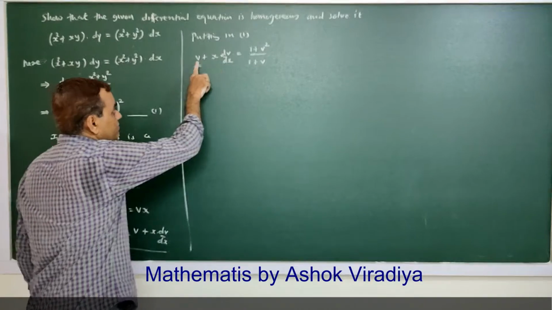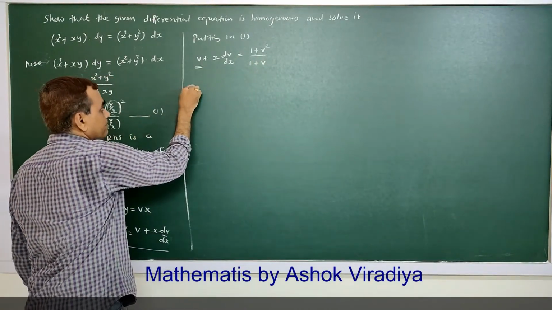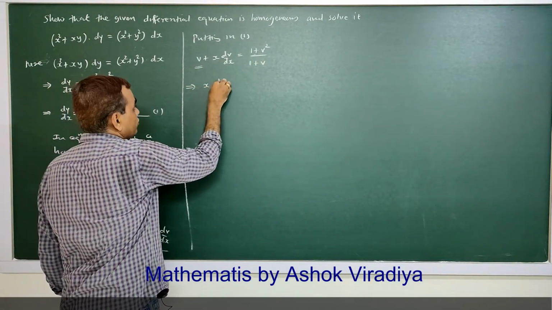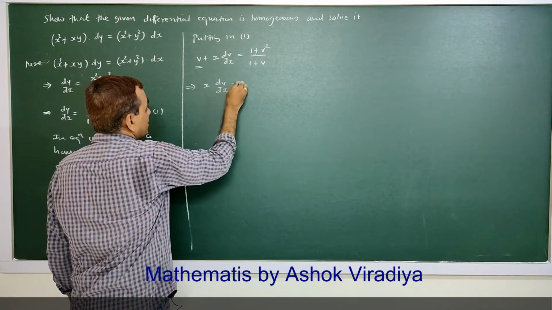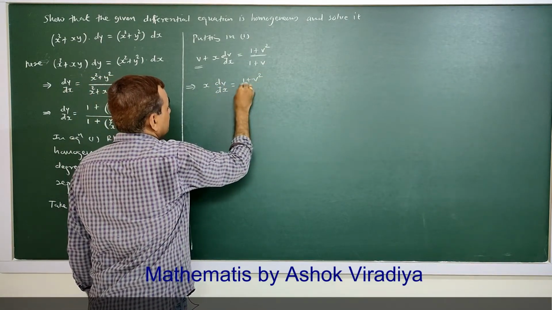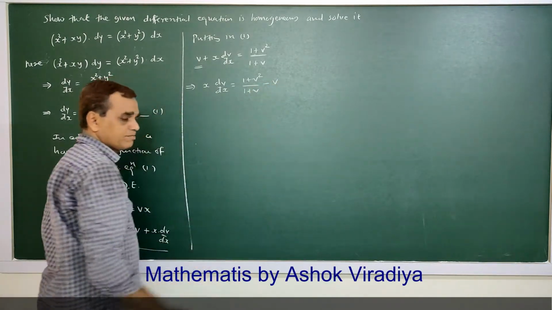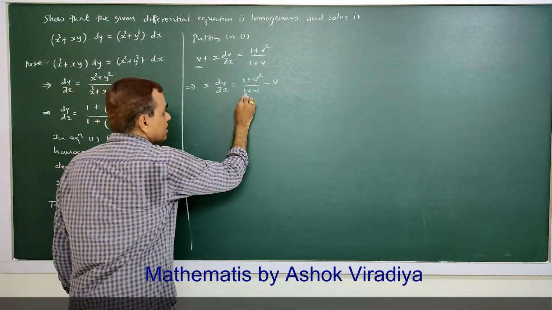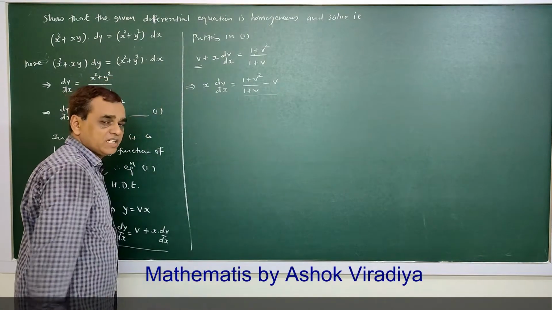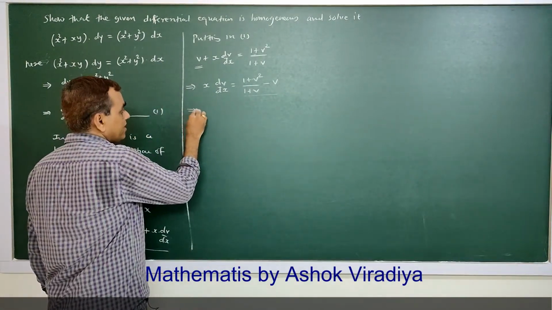Now shift this v on this side, so x into dv by dx equals (1 plus v square) upon (1 plus v) minus v. Now this is completely a function of v, so we simplify the right hand side.